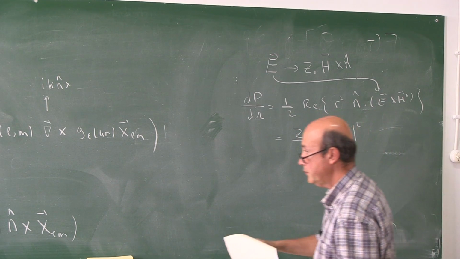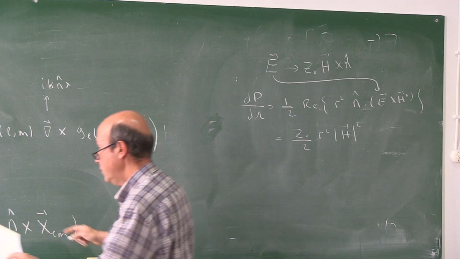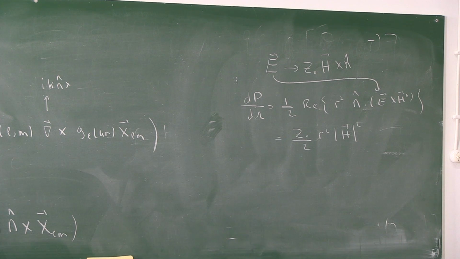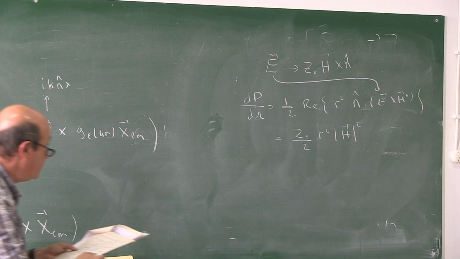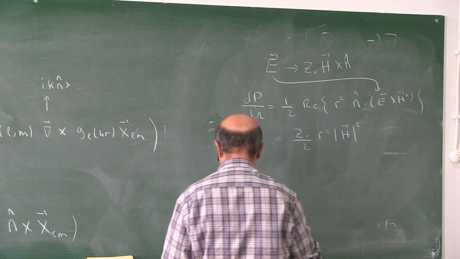Now if you plug this information in and take the absolute value, e to the ikr will be 1, and the 1 over r squared cancels with that r squared, and you will have 1 over 2k squared times Z0.